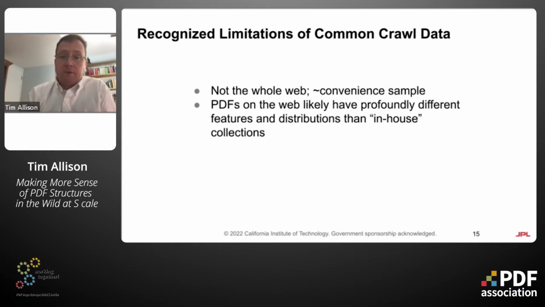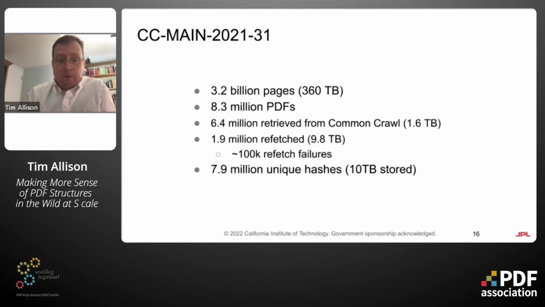So if you're a company that makes PDFs for engineering documents or healthcare documents, but only one of those things, then those more homogeneous files are going to have very different profiles and distributions of these features than what you're going to find just generally on the web. So those are clearly recognized limitations of this data set.